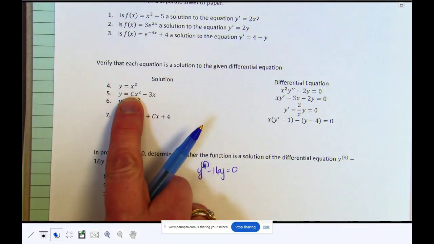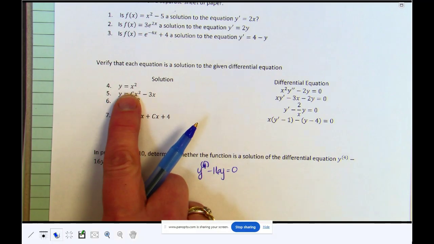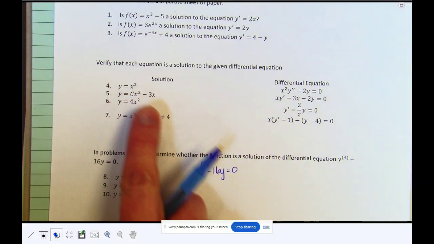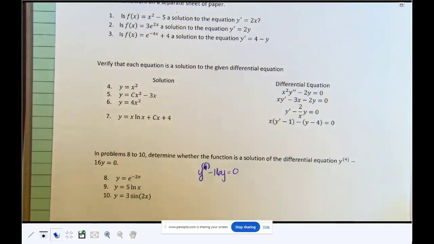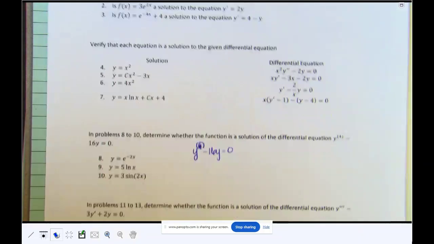We just don't know what it is. So there's a difference between the C that we were doing in our separable differential equations and this. So the derivative of this is 2cx, because the derivative would be 2 multiplied by this, but I don't know what this is. So 2cx. This guy, his derivative is C. So when you're working with those, just be careful. Those are a little weird. These will be like just verify, just have to show the work. They should work out. If they don't work out, you made a mistake.